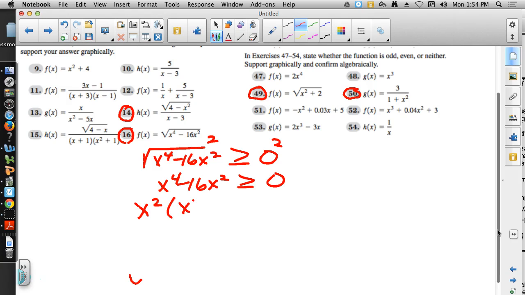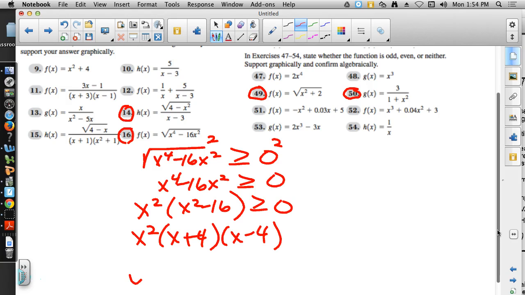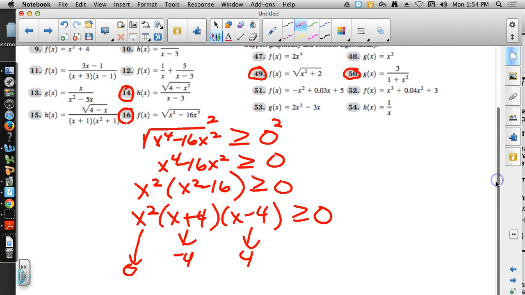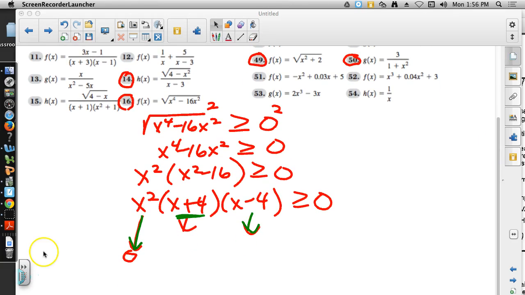We have a common monomial factor here of x squared, and then we would go ahead and find the other factors for the difference of two squares pattern that we see right here. So I notice that my zeros are going to come from 0, -4, and +4. So now I start thinking about the fact that this said greater than or equal to.